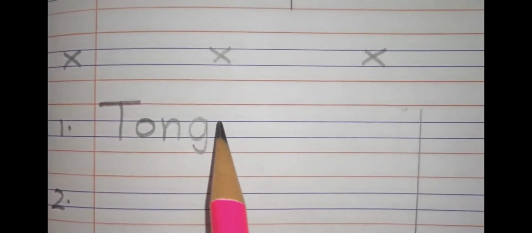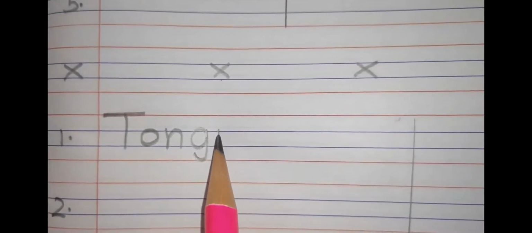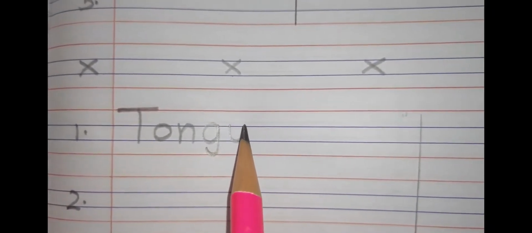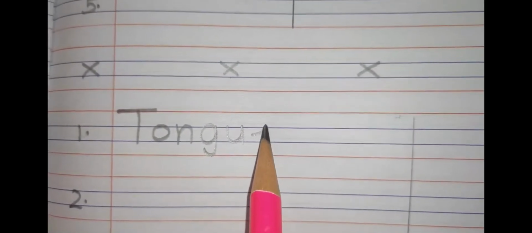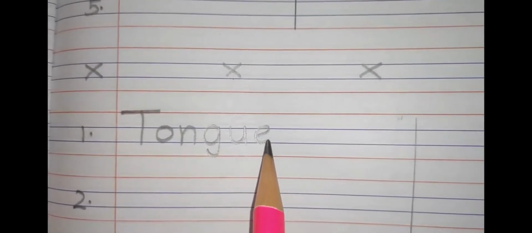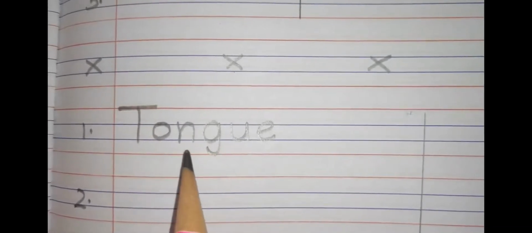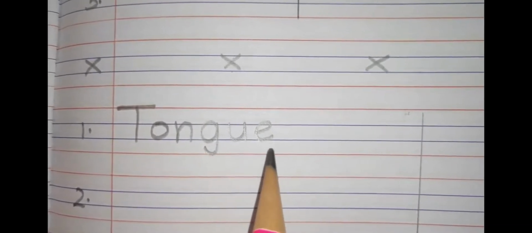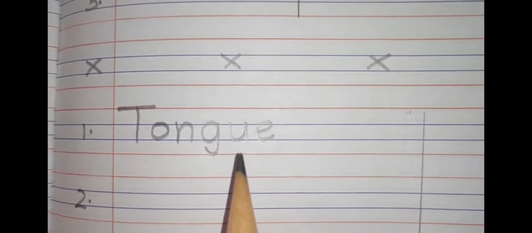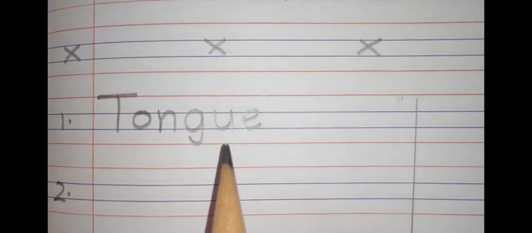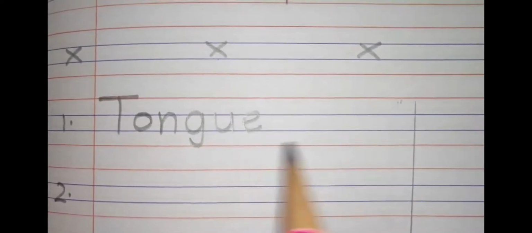G, curve, go up, come down to red line and make a small curve. U, like this. And for E, slanting line and a curve. T-O-N-G-U-E, tongue. We have one tongue. It helps us to taste food and to speak.